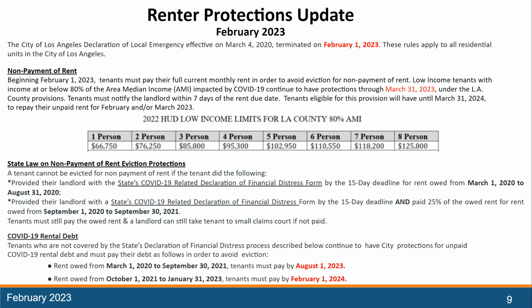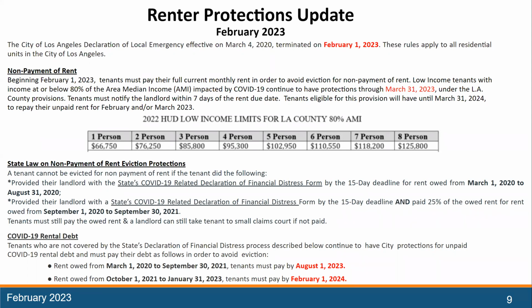COVID-19 rental debt that has to be paid to the landlord does have a repayment period, depending on which months are still owed by the tenant. Tenants who owe rent between the months of March 1st of 2020 through September 30th of 2021 have until August 1st of 2023, this year, to pay the owner the rent owed for those months.